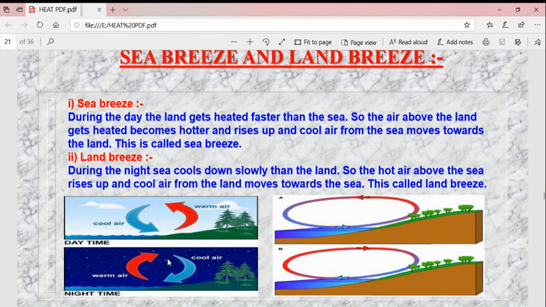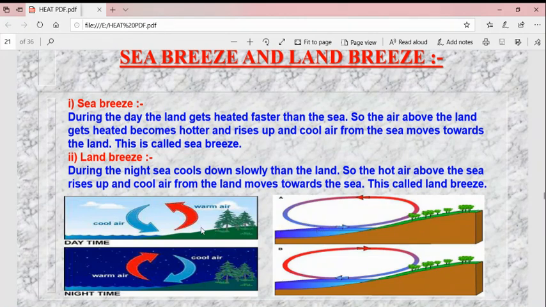So this convection process can be easily felt in coastal areas. Once again I'll explain what sea breeze and land breeze mean. The first picture you are seeing is the sea breeze.